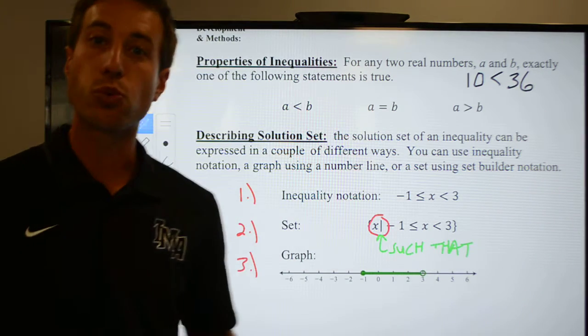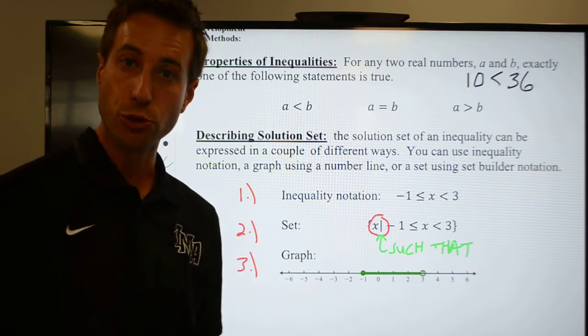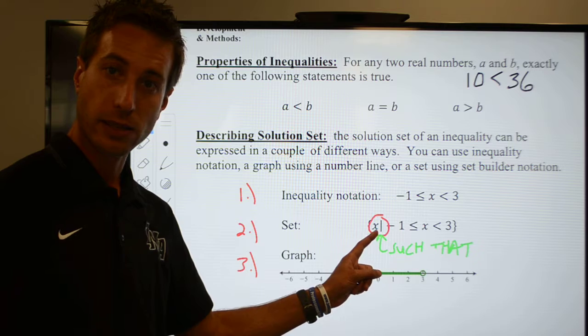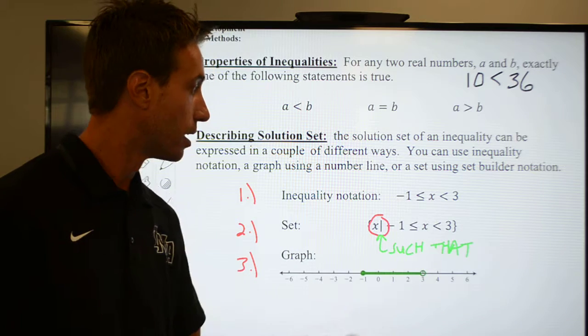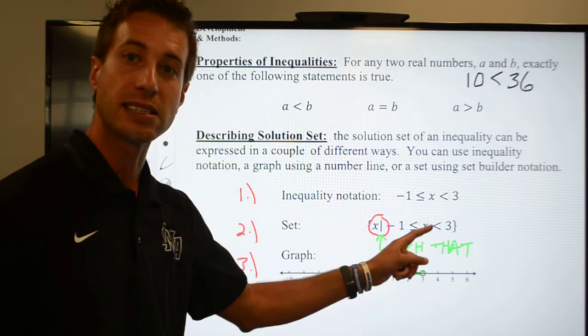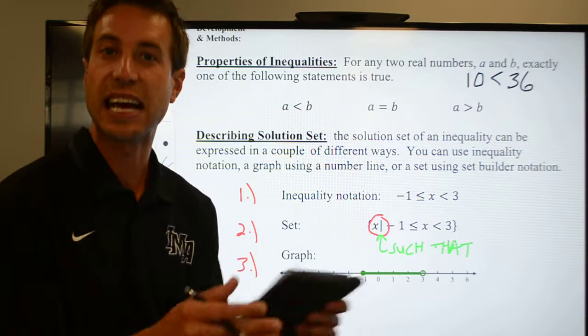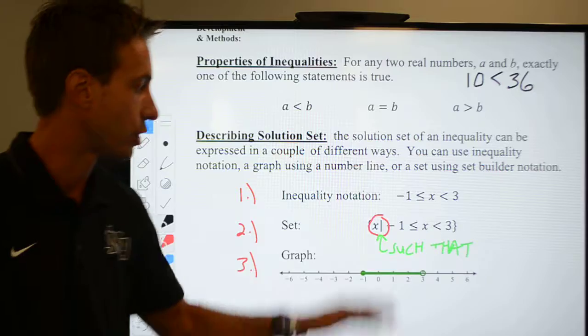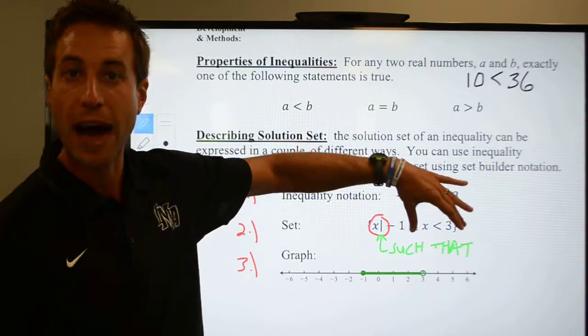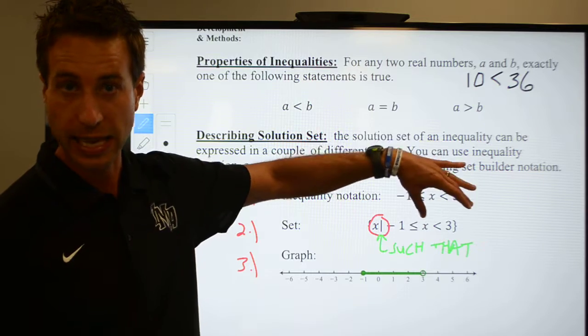So the way that this would be read is, your solution is all values of x such that -1 is less than or equal to x, and x is less than 3. That's how you read set builder notation. We tell you what the variable is, such that, and then where the values of x fall in.